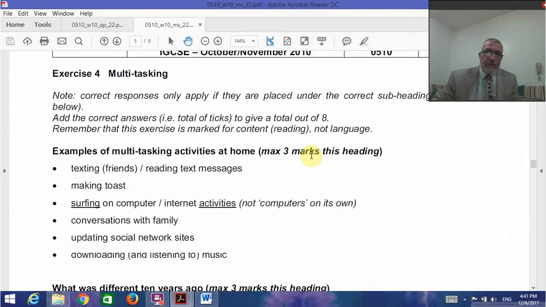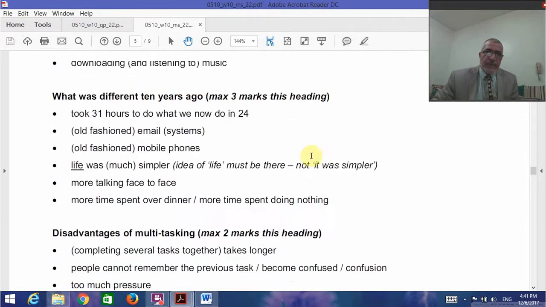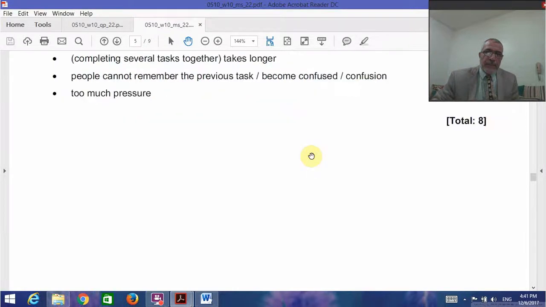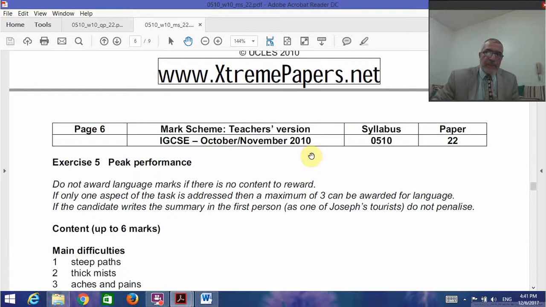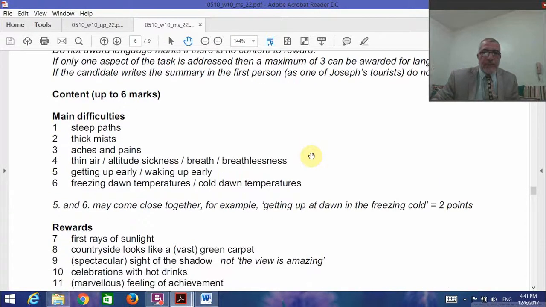Exercise 4, note-taking. And then exercise 5 here.